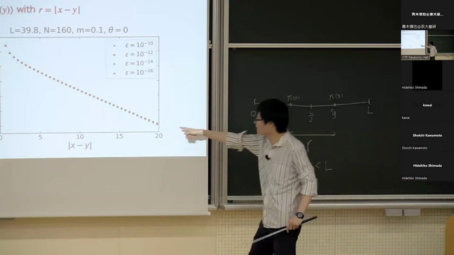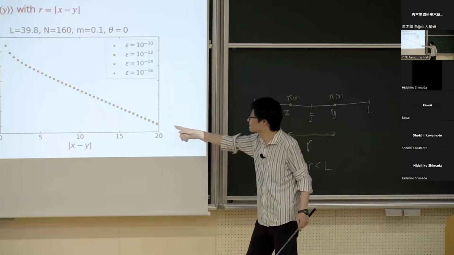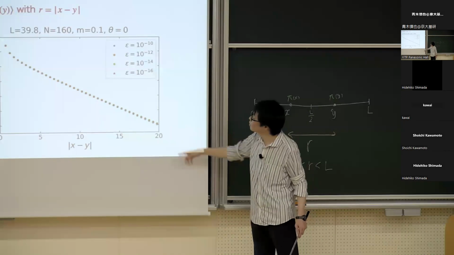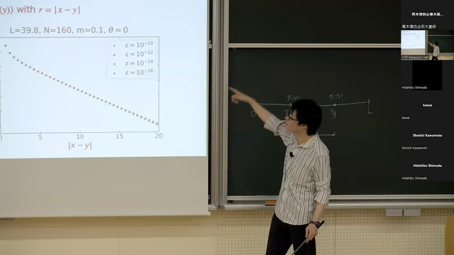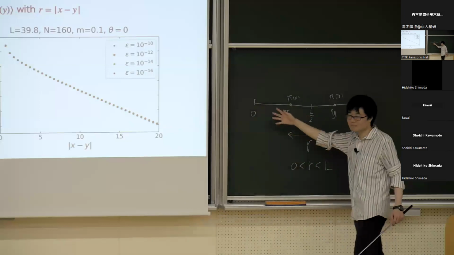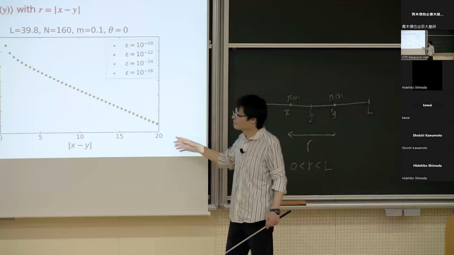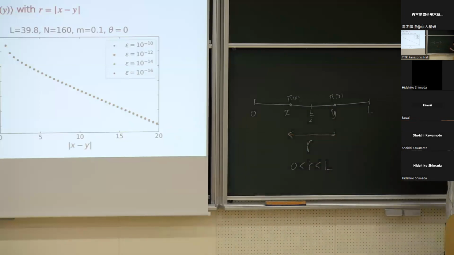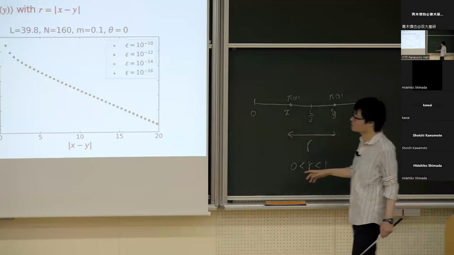If we increase the distance more, it may depend on the operator, but if I remember correctly, it goes up, like a cosine hyperbolic behavior. So it's affected by the boundary. But it's not so large, even if you use half of the system, right, because it's a gapped system.